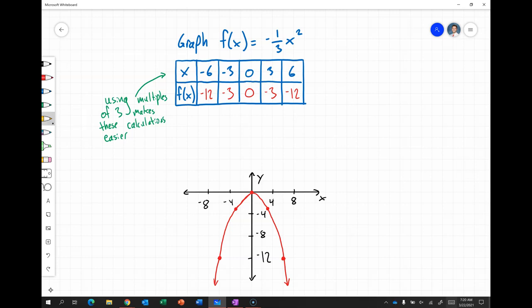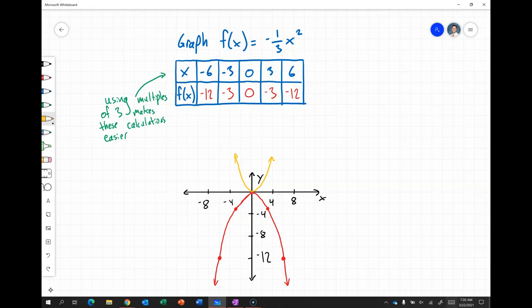If we were to compare this to our original parent function again, that's f of x equals x squared, right? We can see it's a reflection in the x-axis and also a vertical shrink by a factor of 1/3.